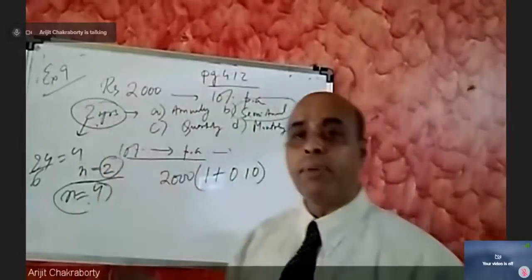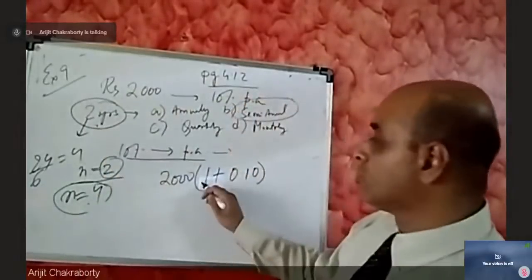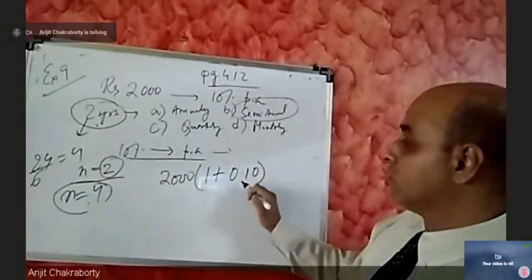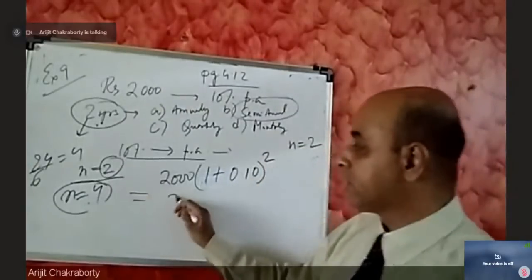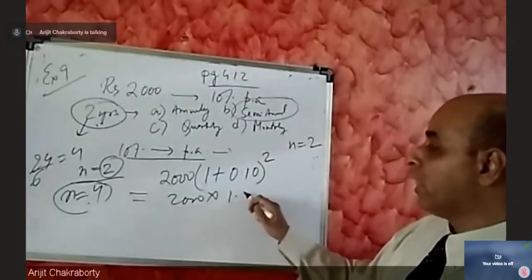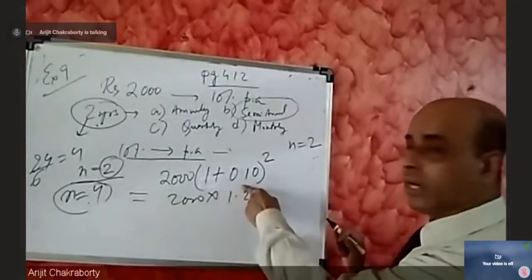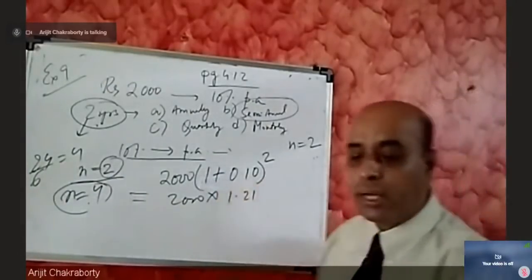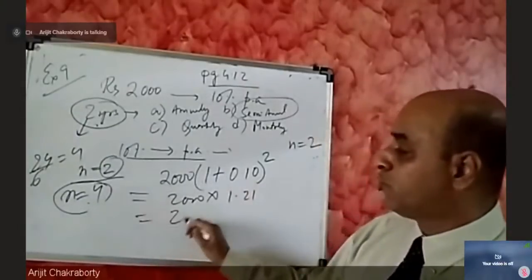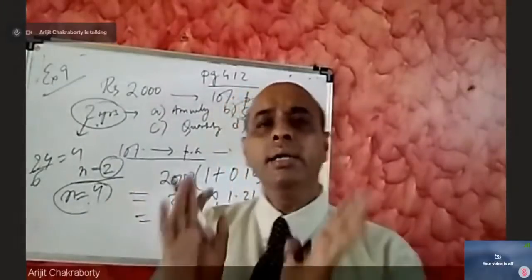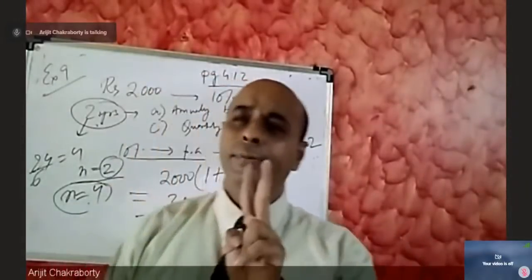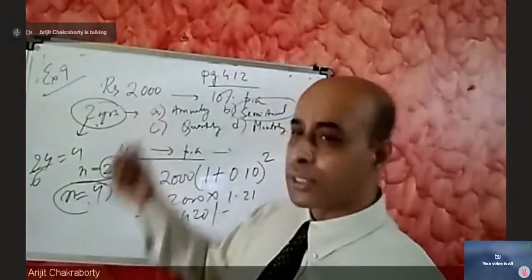In 2 years, compounding will be done twice. So 2000 into 1 plus 0.1 square, because n is equal to 2 here. So this will be 2000 into 1.21, because 1.1 square is 1.21. So you will be getting 2420 for 2 years. Compounding is done annually, duration is 2 years, amount is 2000.